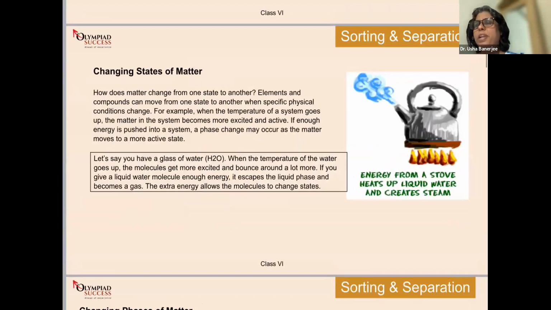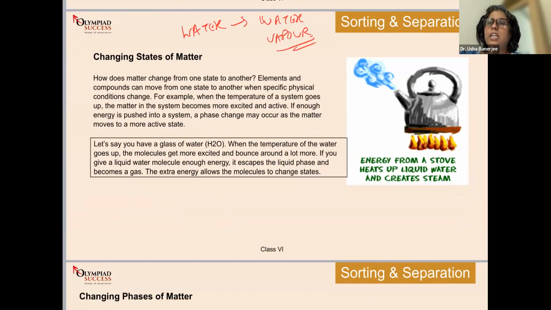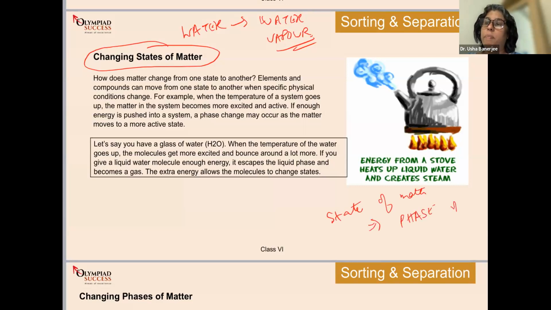Now, I know in everybody's houses, your mother boils water for making tea and coffee, right? So when you're boiling water, what happens? Water converts into water vapor, right? So this is nothing but changing states of matter. Now for this state of matter, there is another term which we will use, which is called phase of matter.